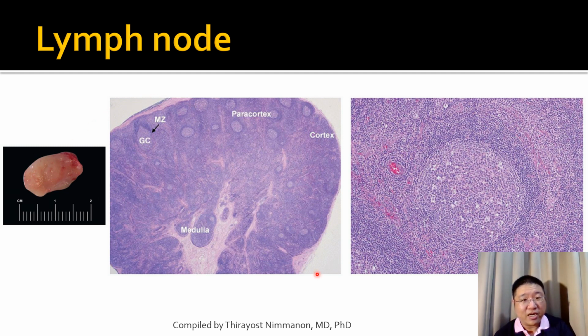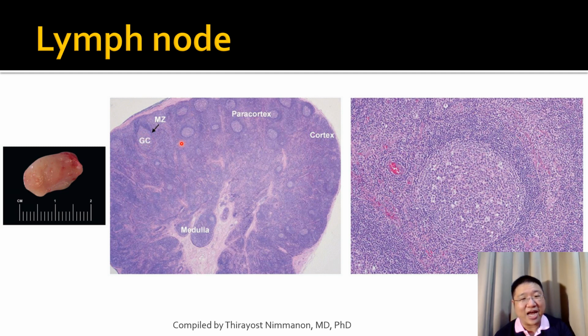And at low magnification, we should be able to observe different areas. We may be able to see the cortical area, paracortical area, medulla, and we will observe lymphoid follicles within the cortex like this with germinal centers.